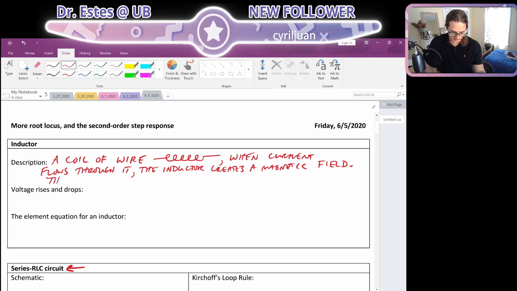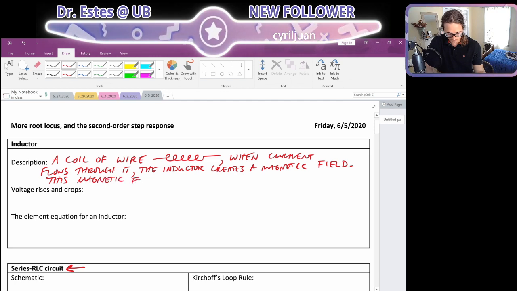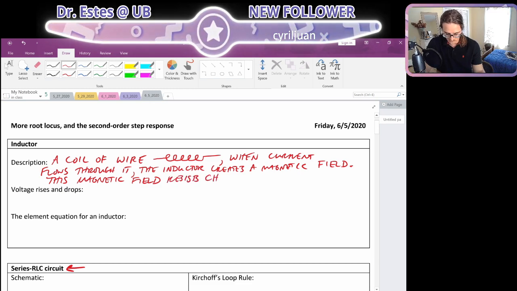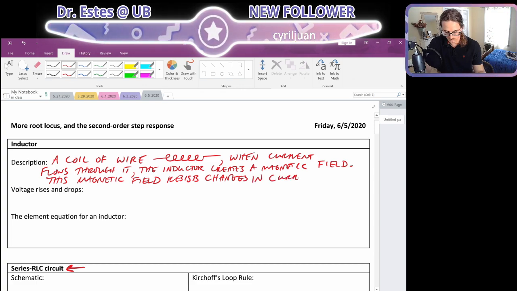Now, this magnetic field resists changes in electrical current.